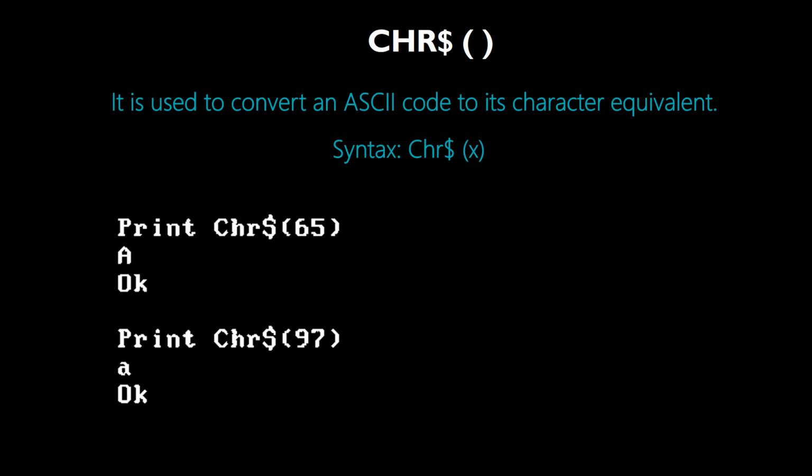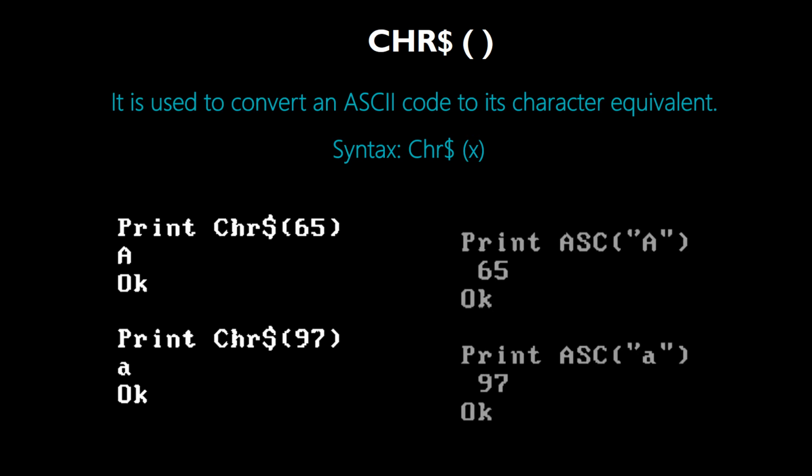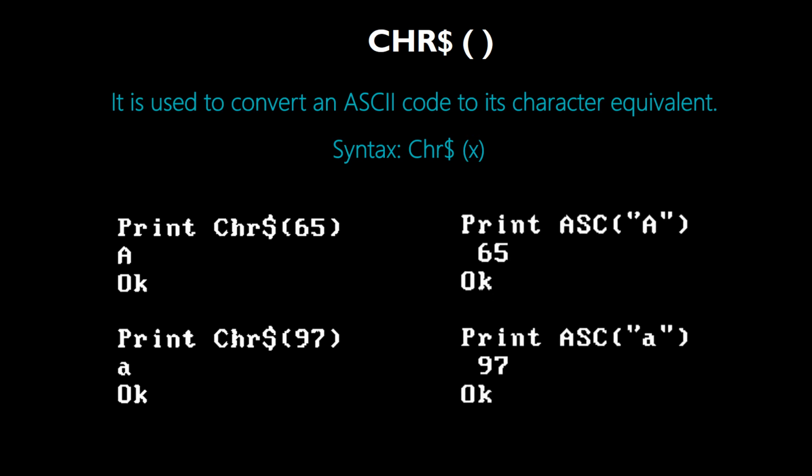If I pass 97, then it will return me small a. On the opposite, we use ASC, the ASCII function, to return the ASCII code. If I pass the character A in the ASC function, it will return me 65. And if we pass the small a, then it will return me 97.